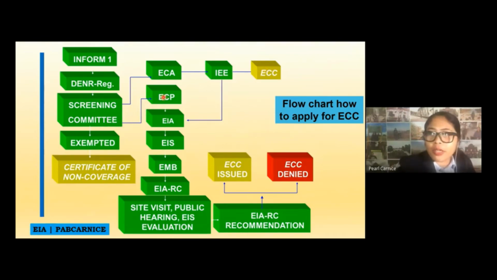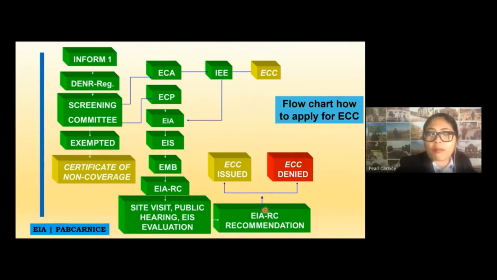If it's an environmental critical project, you have to undergo EIA. The same with ECA, after the IEE, you have to undergo the EIA study. Then after the EIA study, you have to prepare the EIS document and submit it to EMB. Then the EIA review committee will review your EIS study. They will do a site visit, a public hearing, and the EIS evaluation. After that, the EIA review committee will make a recommendation, which of course will be reviewed by the EMB regional director.